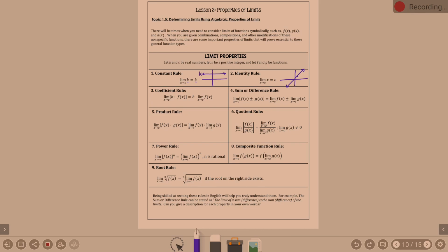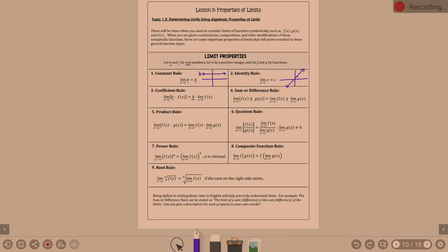The coefficient rule. Notice up here, b and c are real numbers. So this is just saying if you have a number times a function, that number can be pulled out front, and then you don't have it confusing you in the function, and you'll use it when you work the example. We'll practice these on the next page, okay? The sum or difference rule.